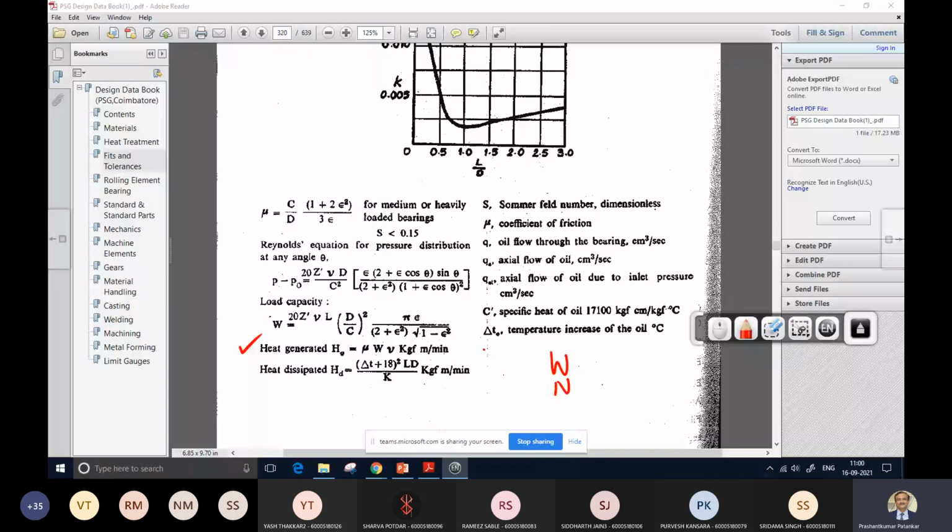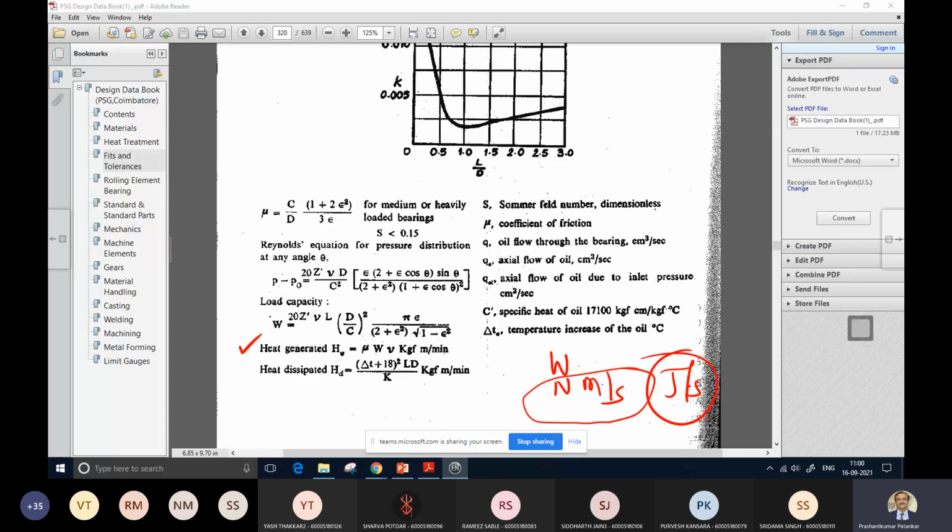So Newton meter per second, that Newton meter is joule per second, which is nothing but the heat generated. Here the heat is generated due to your friction, and hence we multiply W and the velocity by mu.